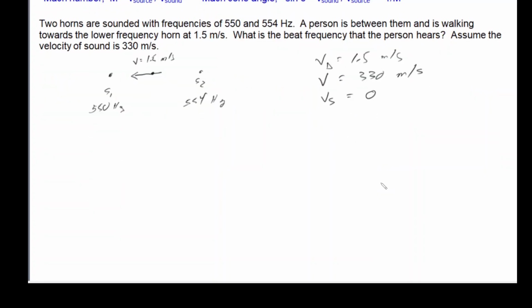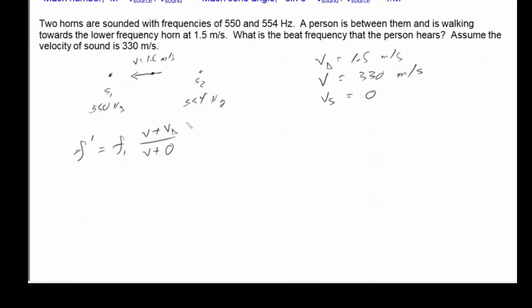We need to get the frequencies that the person hears from both sources, because there is a Doppler effect that will occur. So from source 1, the frequency that he hears through the Doppler effect is equal to the initial frequency of source 1 times V plus V of the detector over V plus V of the source, which is 0.